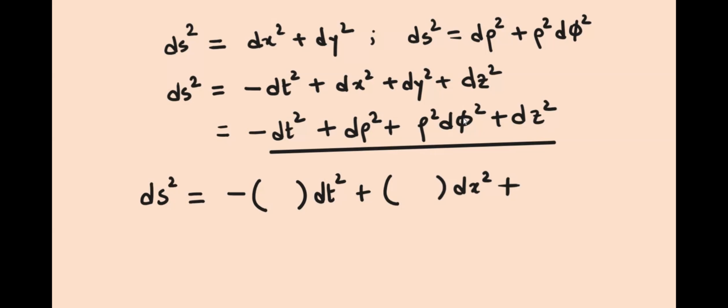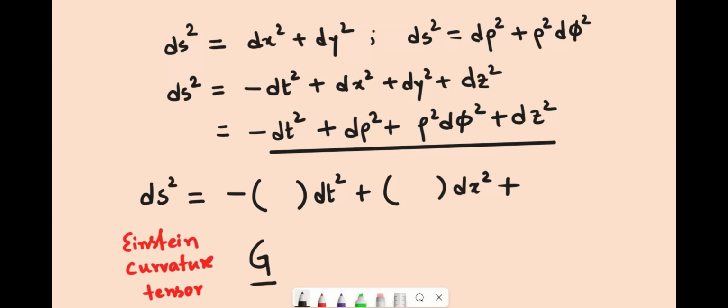Or, for example, what kind of curvature is there? In physics, we are mostly interested in a special kind of curvature, which is called the Einstein curvature tensor. That's the most important part. The Einstein curvature tensor is written as a capital G, whose expression I hope to show you in the future. And why is this important?